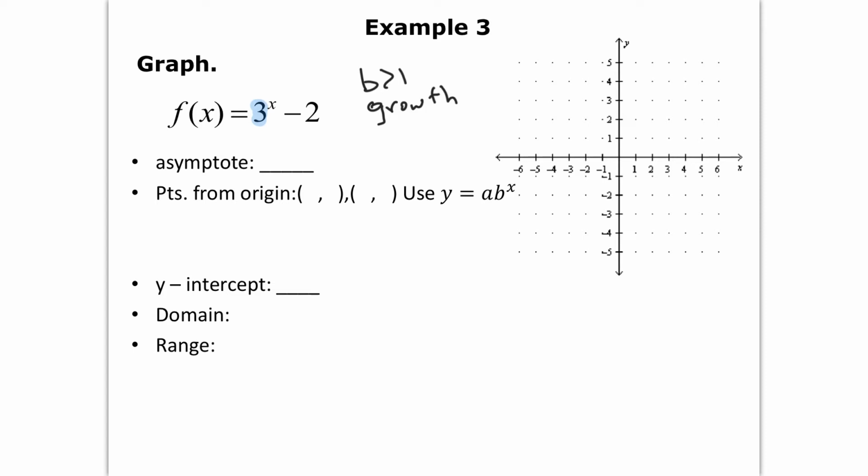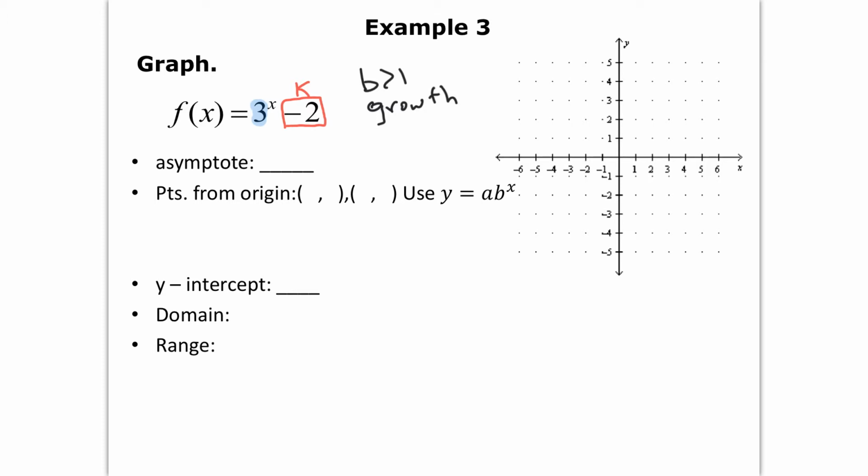The asymptote is the line that the graph approaches but never touches. For that, we need the k-value, and the k-value is the number after the base with the exponent. So here is your k-value. K is -2. Now let me show you the general function when you have a transformation.